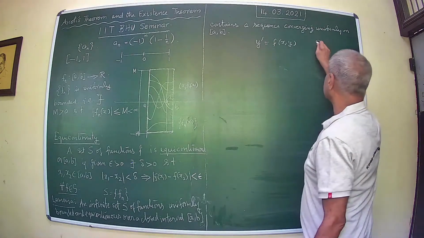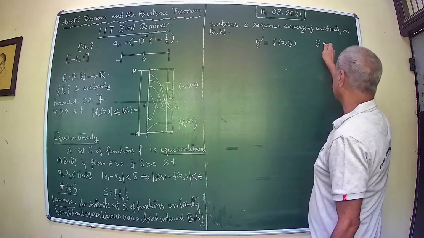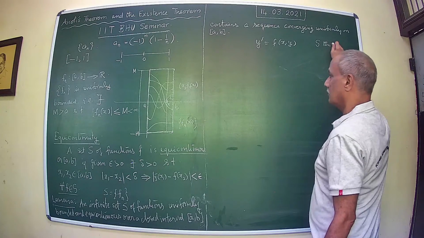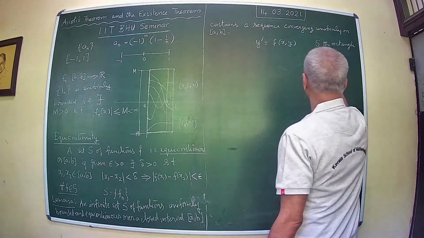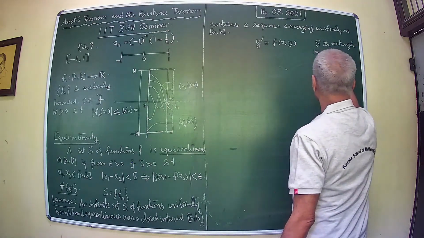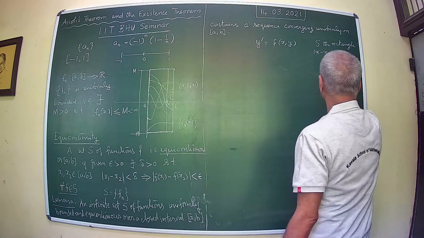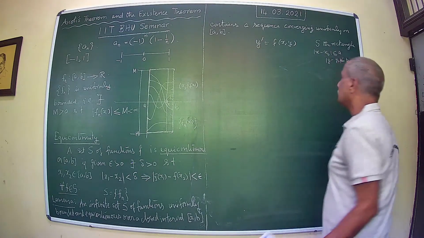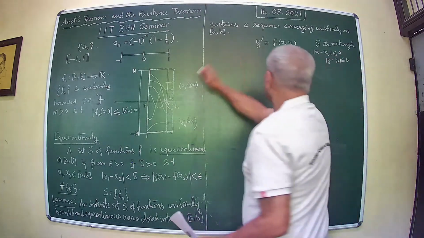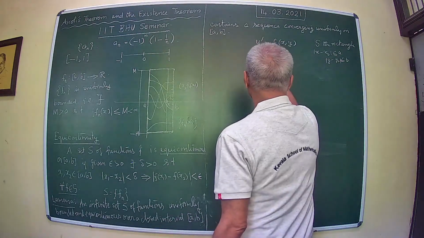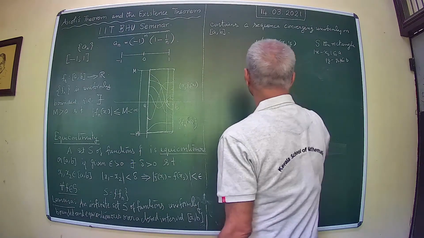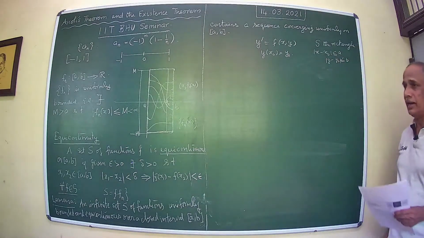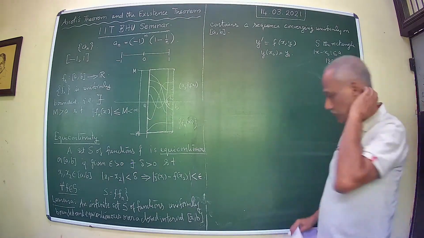So we take S as the rectangle |x - x0| ≤ a, |y - y0| ≤ b, with the initial condition y(x0) = y0. I am not assuming that f is Lipschitz.